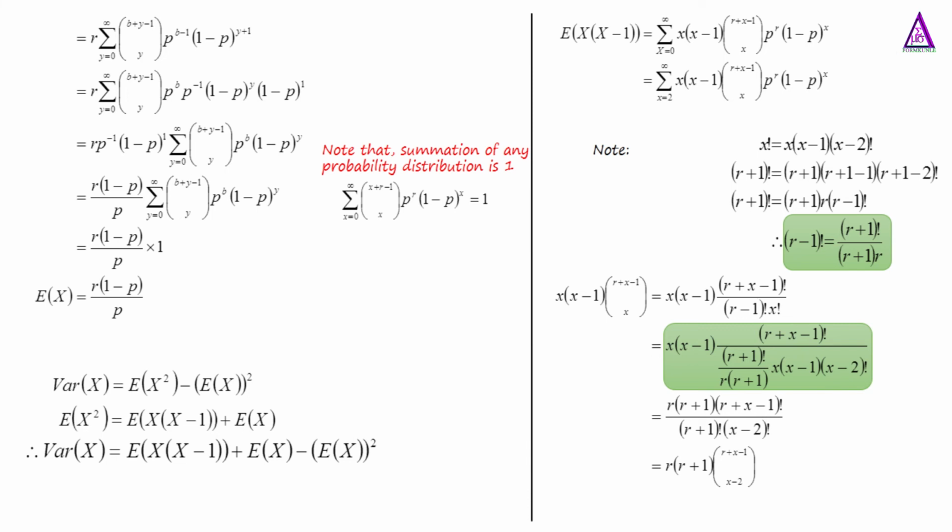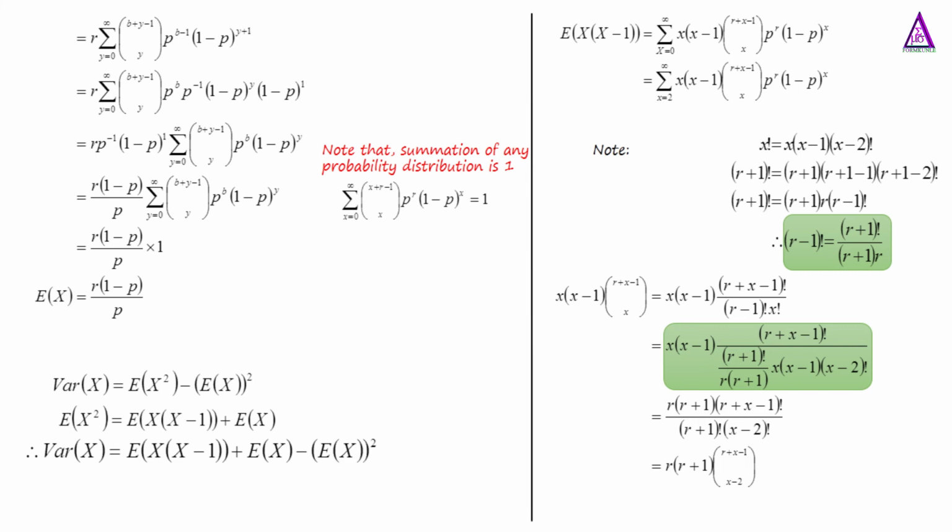And if we look at the range of x, we switch from x ranging from 0 to infinity to x ranging from 2 to infinity, because if x is 1, all the equation will vanish. That's the reason why we start with x ranging from 2 to infinity.